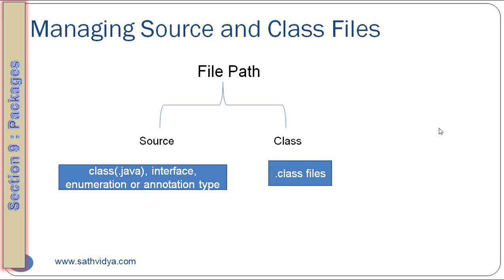We create two different folders because whenever we want to give our class files to the customer, we can give only the class files without showing the source code. Now we are going to see how we are going to name the path.